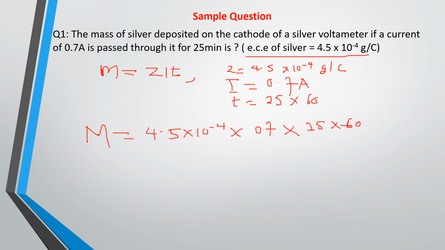Okay guys, if you work this out with your calculator, the mass of silver deposited will be equal to 0.473 grams. Okay, so this is just how to apply the equation. There's no difficulty in it, right?